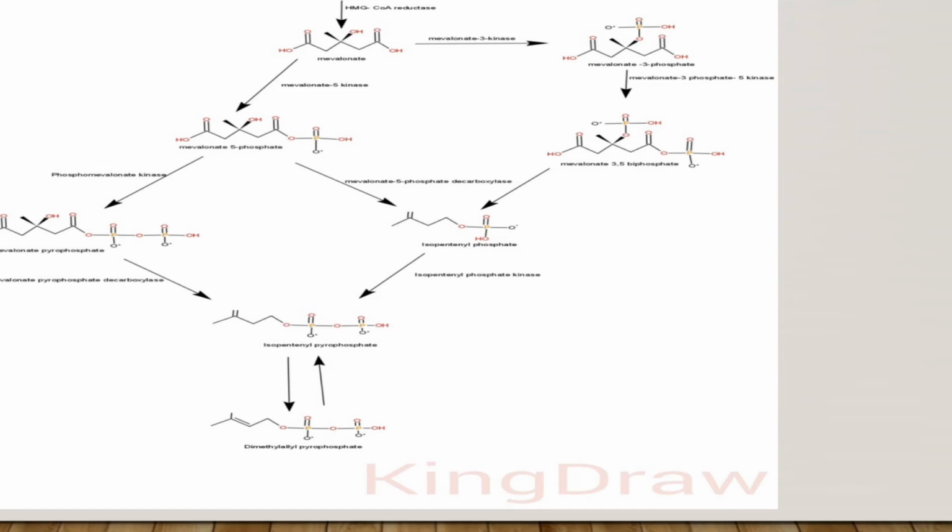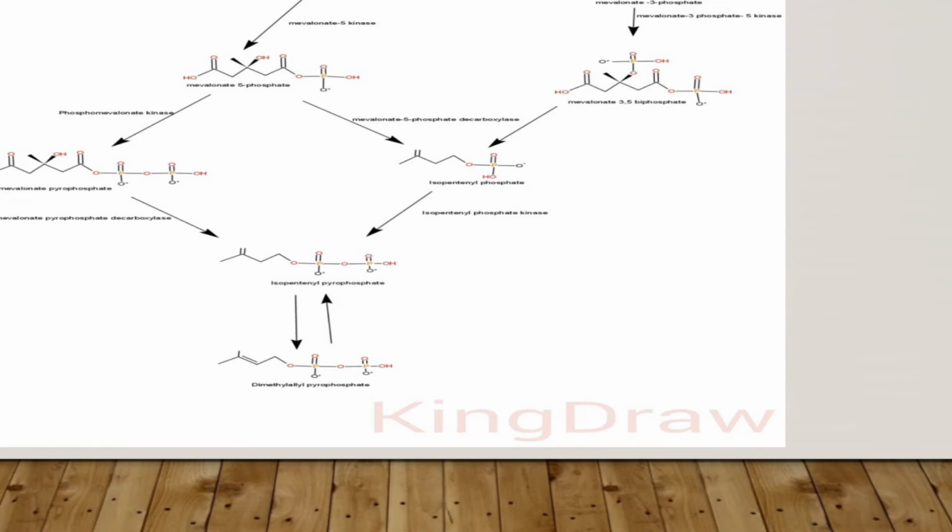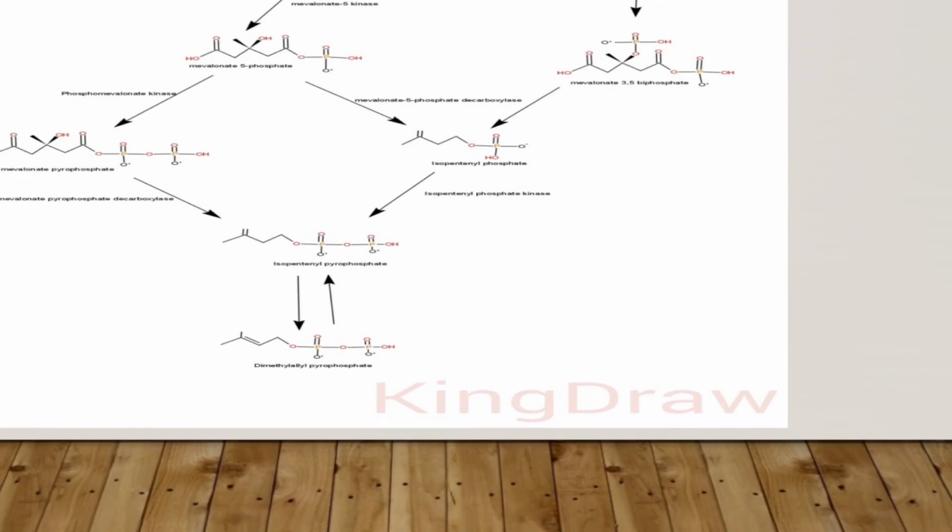So in both ways the IPP, which is important for the production of terpenoids, is called isopentenyl pyrophosphate, the IPP unit. And another one is dimethylallyl pyrophosphate, which is an isomer of IPP.